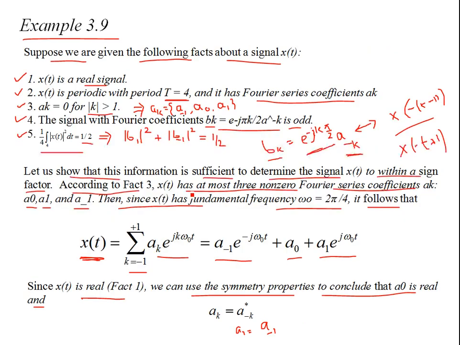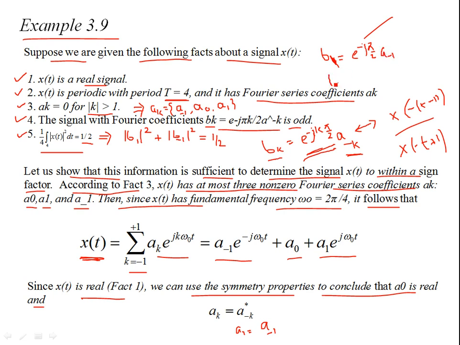Because if you multiply by the factor over here, minus j pi by 2 gives minus j, and plus j pi by 2 gives plus j. So it makes a k real. So b k, since k is 1, b1 equals e to the minus j pi by 2 times a1, and b minus 1 equals e to the j pi by 2 times a minus 1.